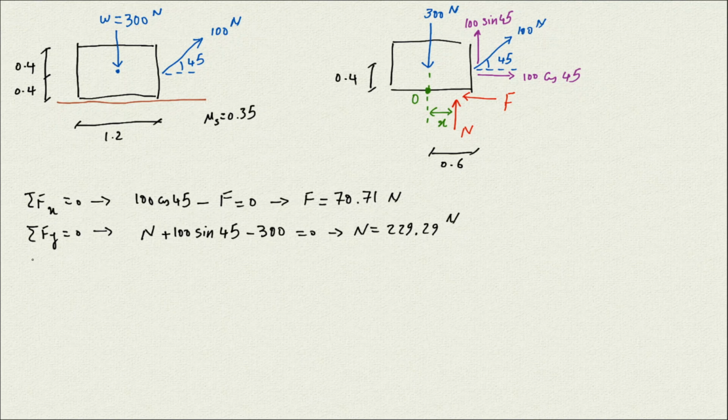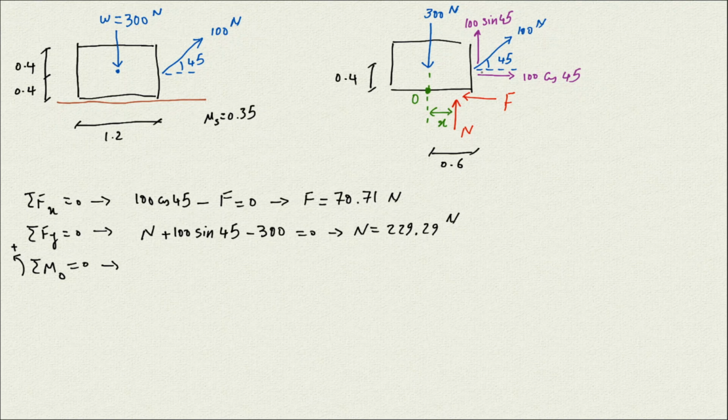And then if I write the sigma moment about point O is 0, and assuming counterclockwise is positive, then the 300 Newton here goes through O, and the F goes through O, so because both of them pass through point O, they don't have any moment. Then I have this N that has a moment, and these two forces here that have a moment.